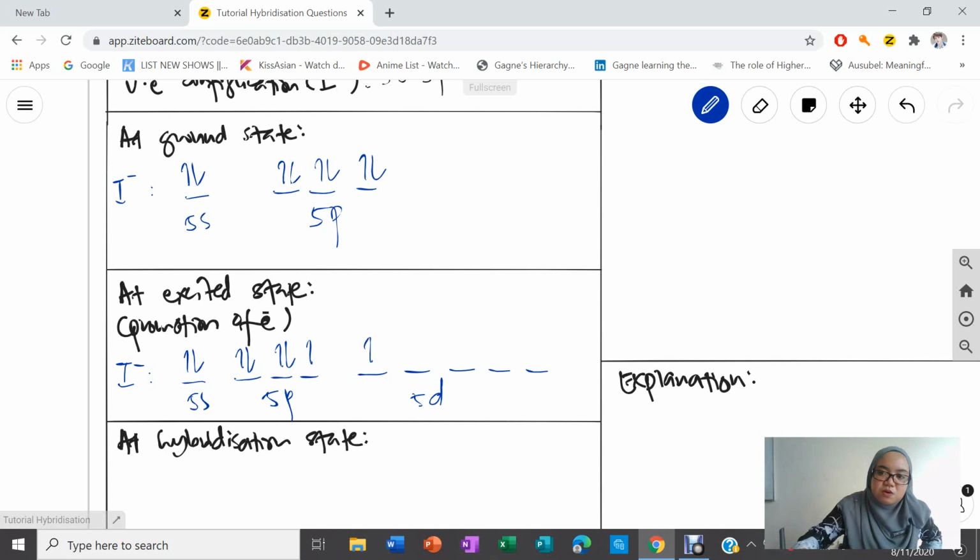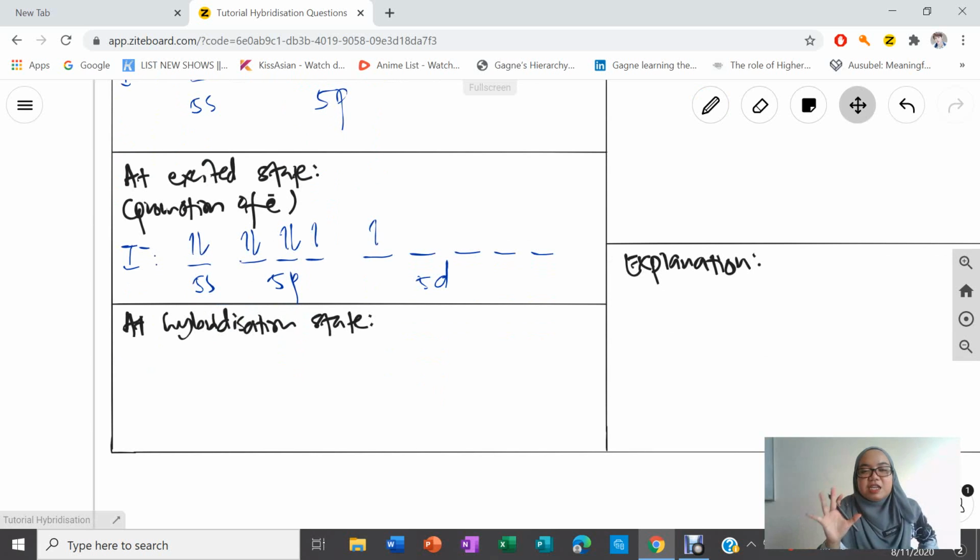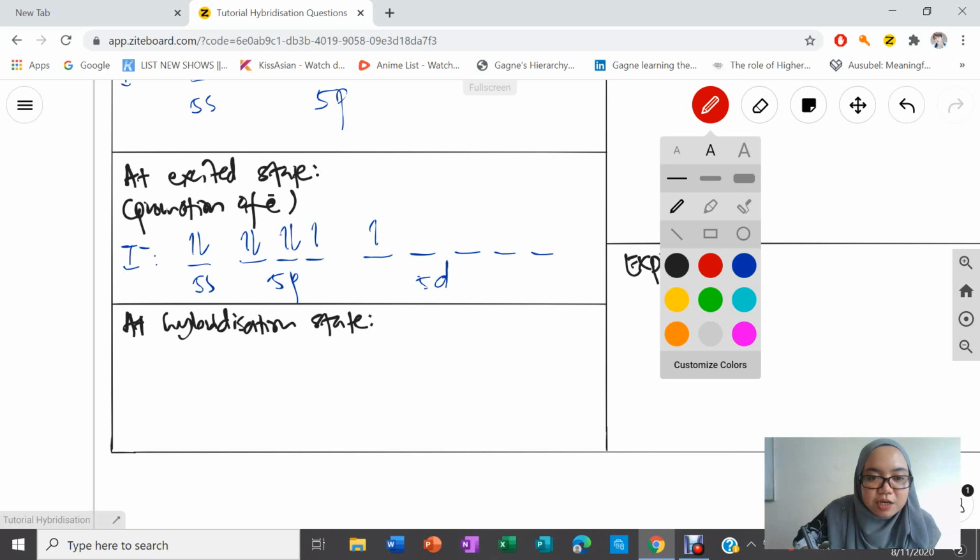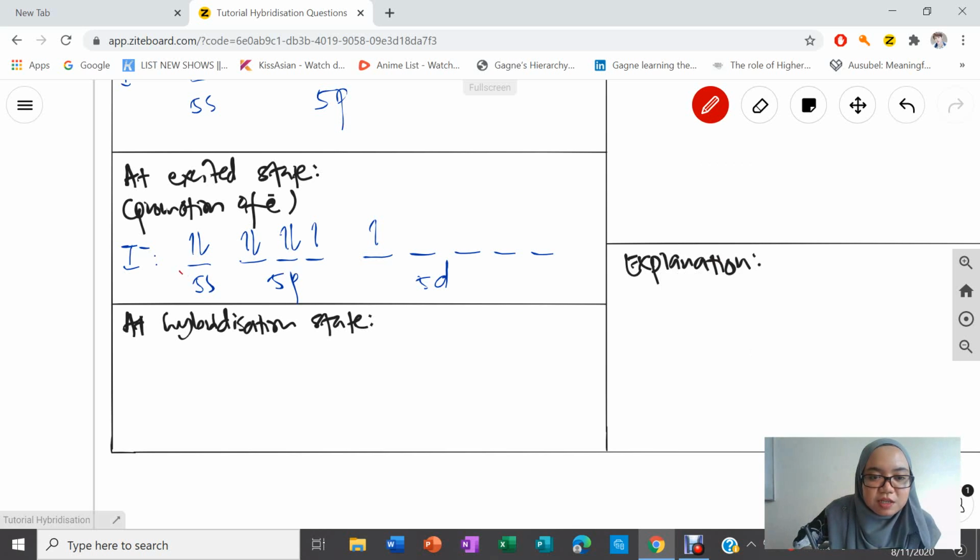Okay, so at hybridization state, since this is sp3d, it needs 5 orbitals, it will generate 5 sp3d hybridized orbitals. So here, 1, 2, 3, 4, 5. So this is the sp3d hybridized.